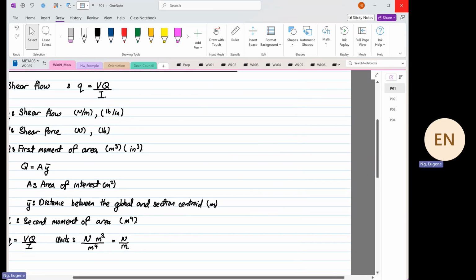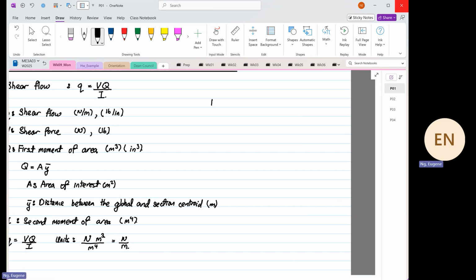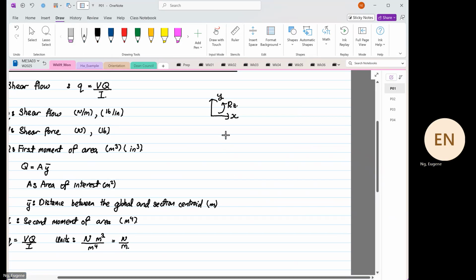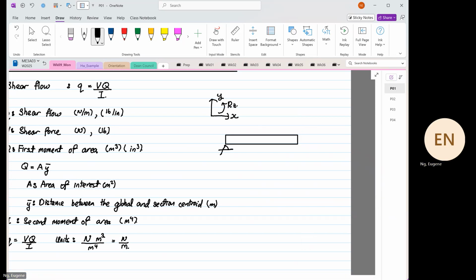So what is a shear flow? Okay, what is a shear flow? So if we have a structure, and this is our X, and this is our Y, and then you have rotation about Z, what you see from here is we have a simply supported beam.